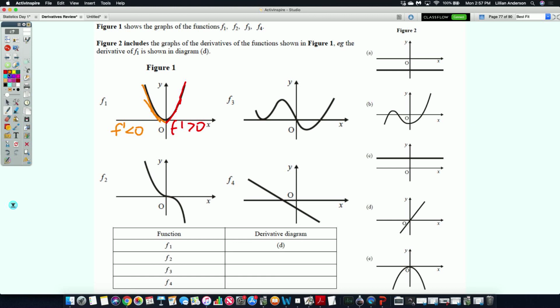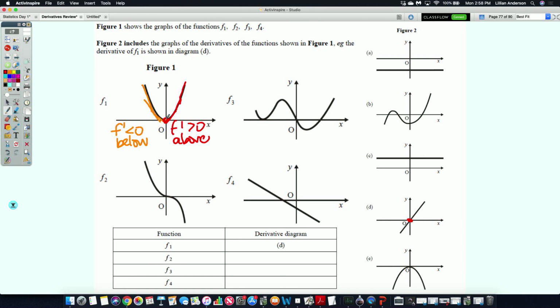So anytime the first derivative is less than 0, that means you're going to be below the x-axis. And anytime it's greater than 0, you're going to be above the x-axis. That's why D was the answer for F1, because you have an x-intercept wherever there's an extrema, and then below and above.